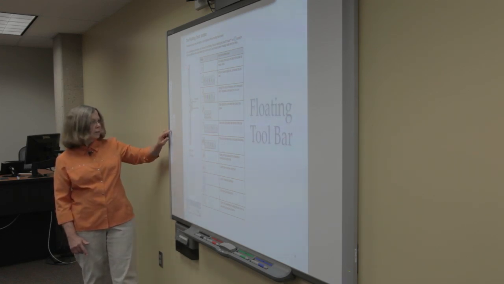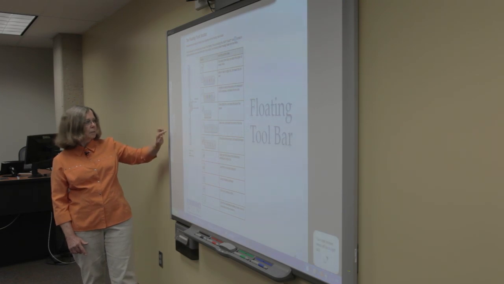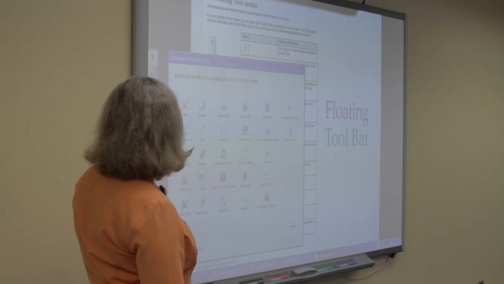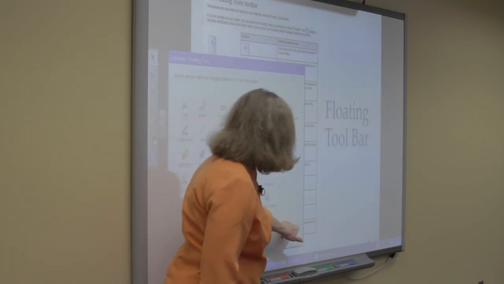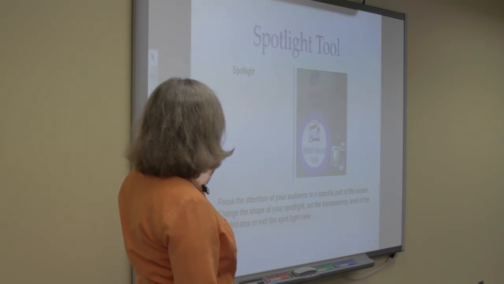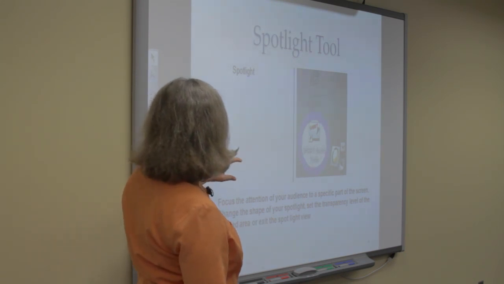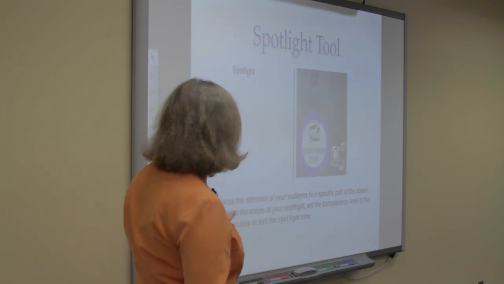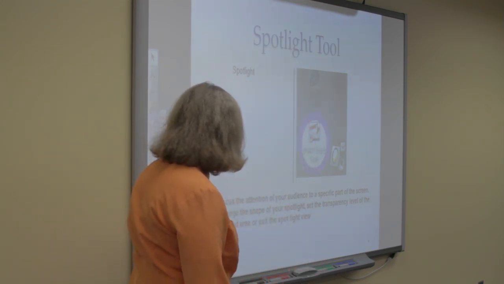So if I were to click on this button, it should bring up all the tools. And these are all the tools that are available to you. The spotlight is one of those tools, and what it does is it gives you a spotlight that you can move around and highlight different images if you're in the smart notebook software.